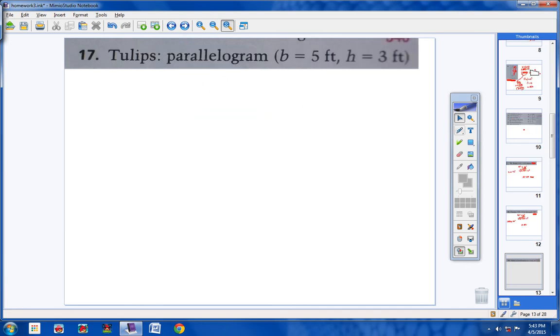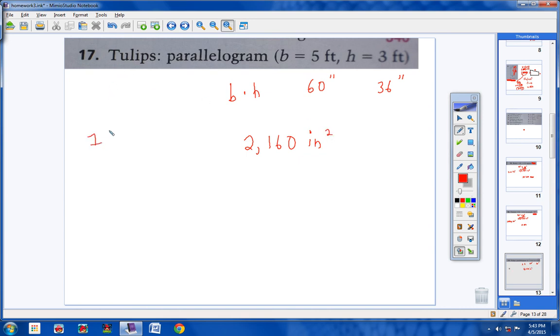Alright, number 17. We have a parallelogram. How do you find the area of a parallelogram? Base times the height. So the base is 60 inches. The height is 36 inches. So 60 times 36 is 2,160 square inches. Now, how many tulips will fit in this area?